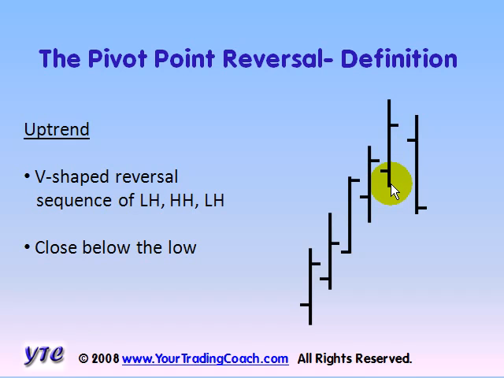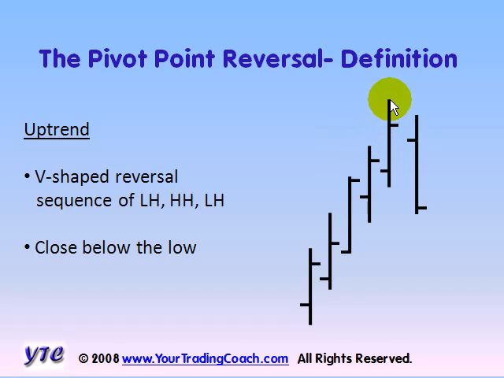The positioning of any other open or close is irrelevant. The only one we care about is the close of bar 2, which must be below the low of bar 1, or the pivot bar. Or to look at it a different way, which I tend to find a lot easier, we have a V-shaped reversal sequence here.